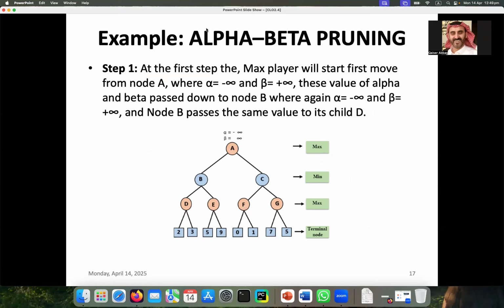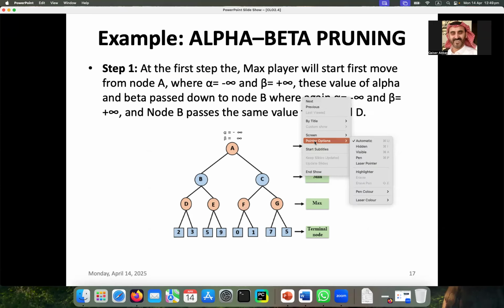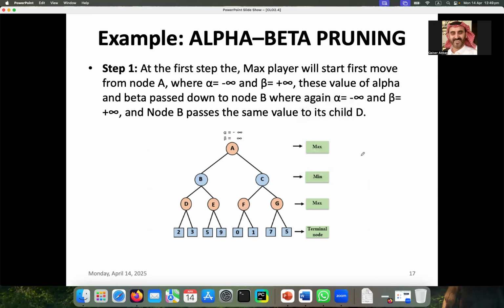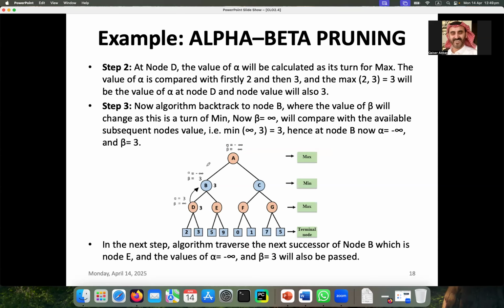Just a quick recap, you can say. Starting from here, the starting alpha and beta values are minus infinity and positive infinity, and these are the leaf nodes. I will go directly in a depth first fashion. Here I'm going from this 2 and 3.